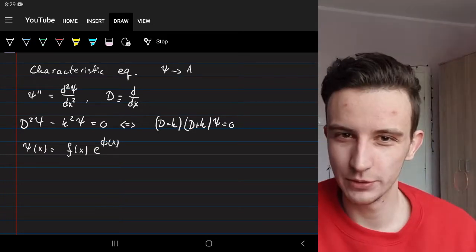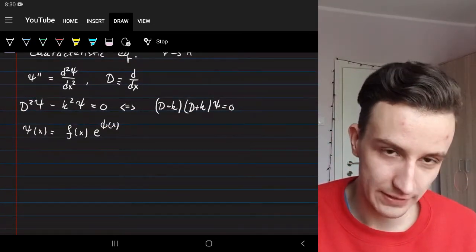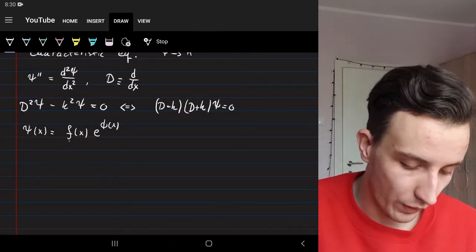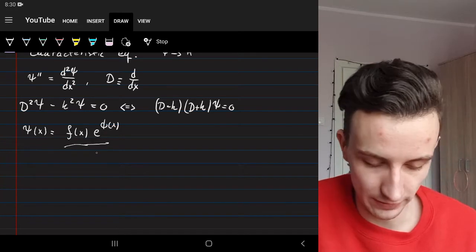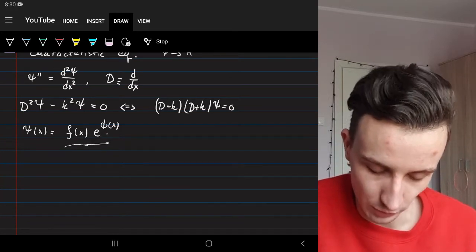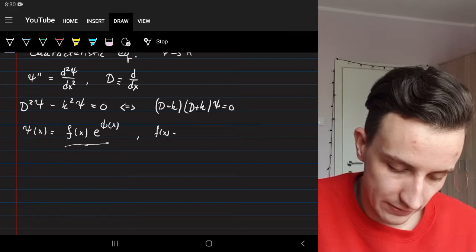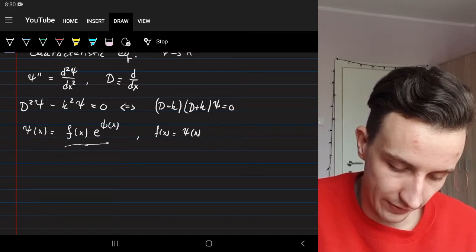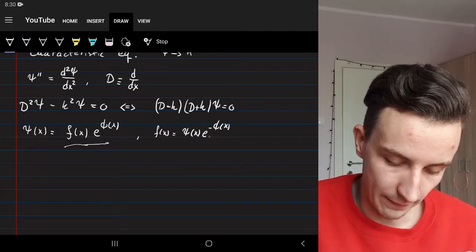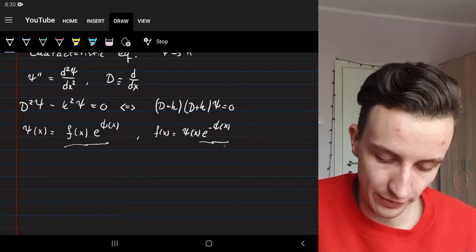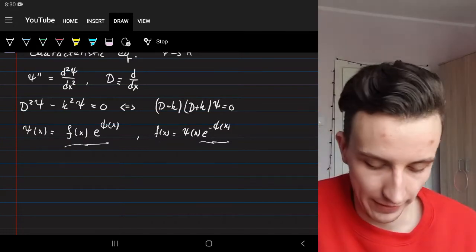This might seem unmotivated at first, but since we can do so as long as this satisfies the equality, one of these will be arbitrary, right? So for example, f of x is just psi of x e to the minus phi of x. So if I were to choose an arbitrary phi, I could make up for it with my f.